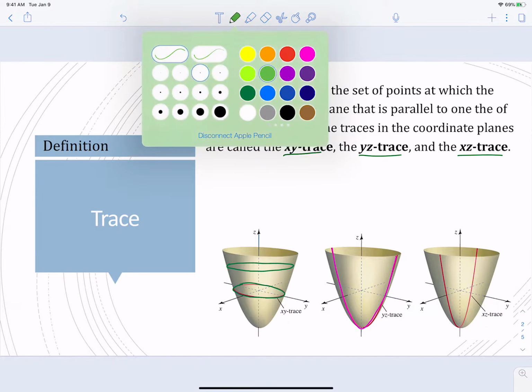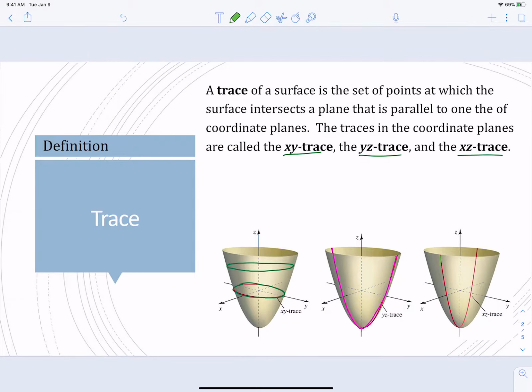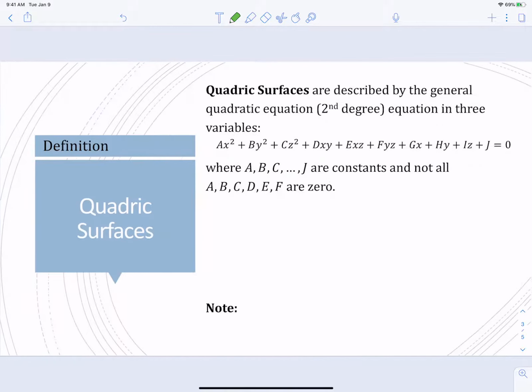It's the same shape that we get when we look at the XZ trace: we also get a parabola that way. That's not true with every graph, where we get the same-looking trace from two of the sides. It happens a lot of the time, especially with these quadric surfaces. But this is the idea of what happens when we slice. What shape does that make? What sort of two-dimensional graph do we get from that three-dimensional shape?